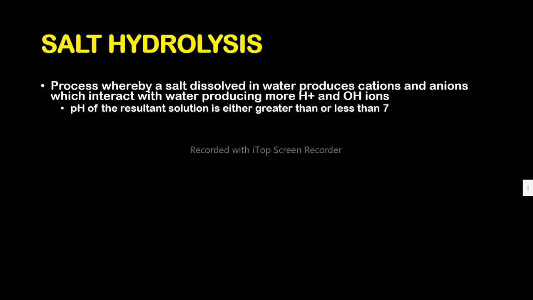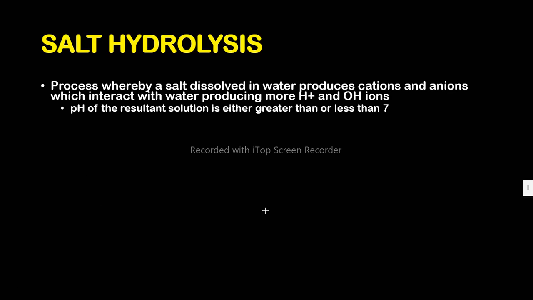So salt hydrolysis is a process whereby a salt that is dissolved in water produces cations and anions which interact with water to produce hydrogen ions and OH ions.